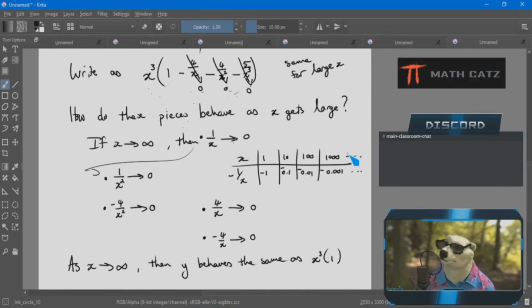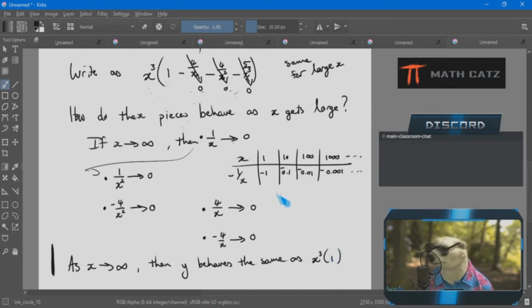I know it's D2L. In my version up here of the function, everything shrinks down to 0 except the x cubed and the 1. They don't. So if x is big enough, and this is a key sentence here, if x is big enough, then my function, y, behaves the same as x cubed times 1, and the 1 doesn't actually matter.